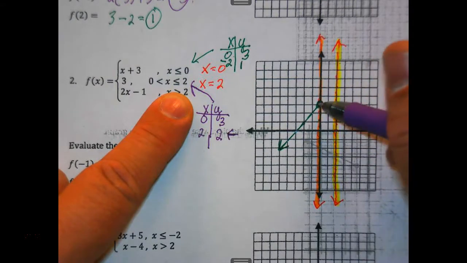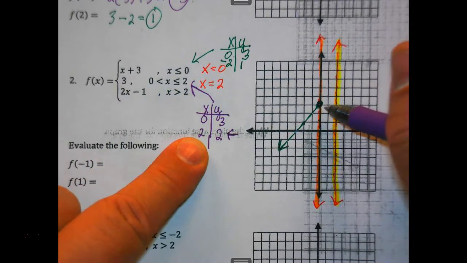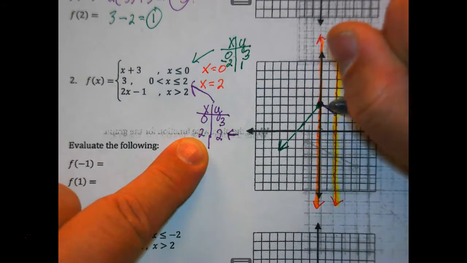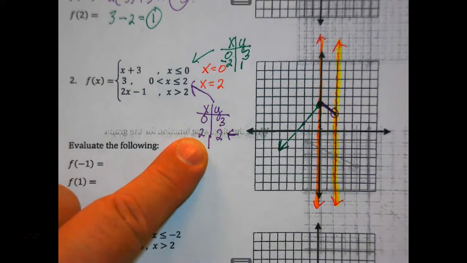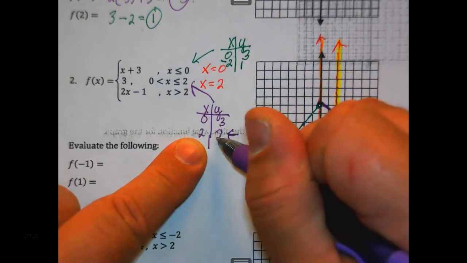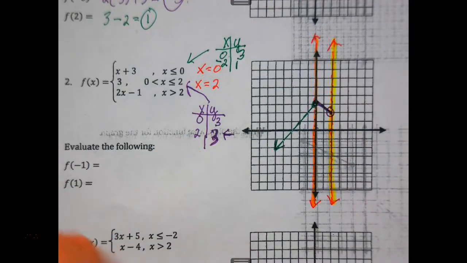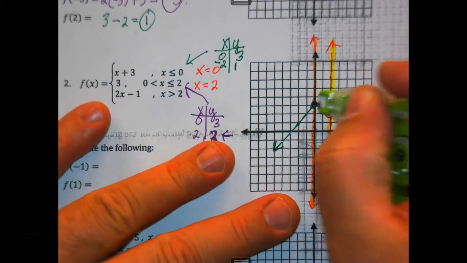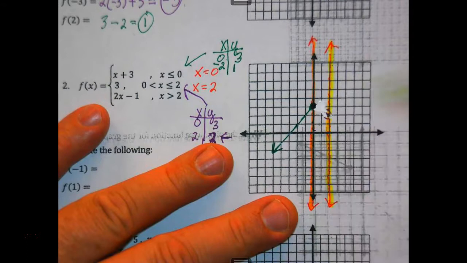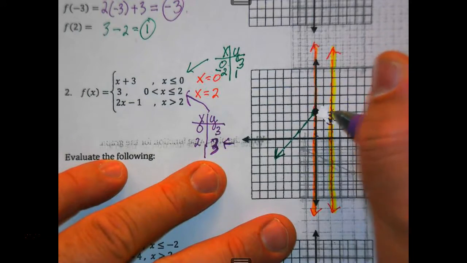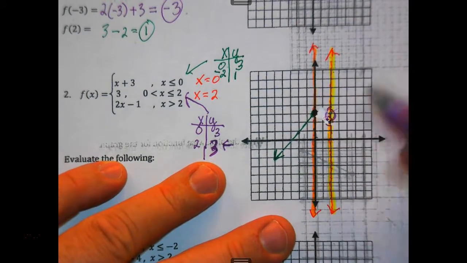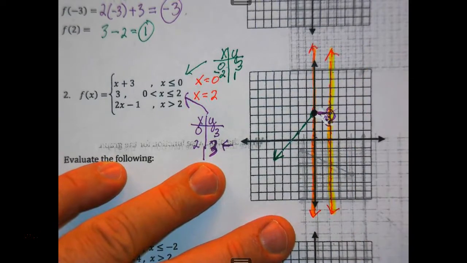So I have 0, 3, and 2, 2. So here's the second part. Open circle. How did I get 2? This should be 3. And it gets an open circle, right? And then the last one.